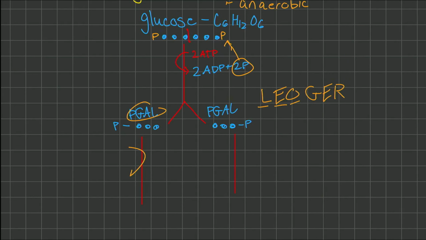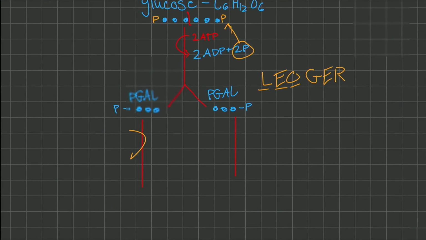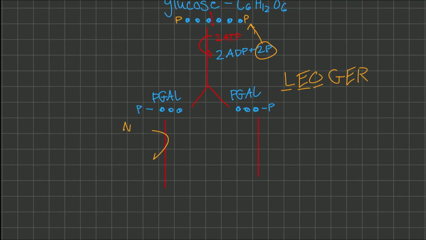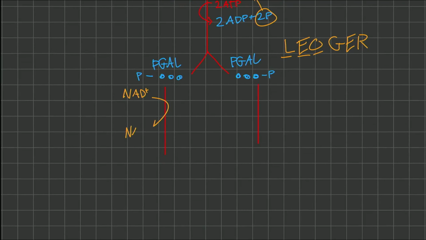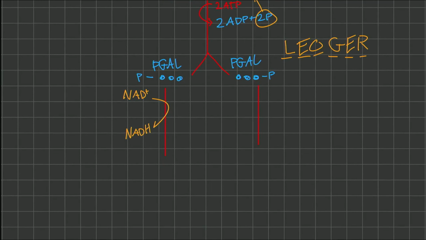We're going to lose electrons from PGAL, and these electrons are going to be passed on to NAD+, and NAD+ is going to get reduced into NADH. Gain of electrons is reduction, remember that. So we're gaining the electrons lost from our PGAL to reduce NAD+ into NADH. That NADH is going to be an energy carrier, and we'll use it later in the electron transport chain.